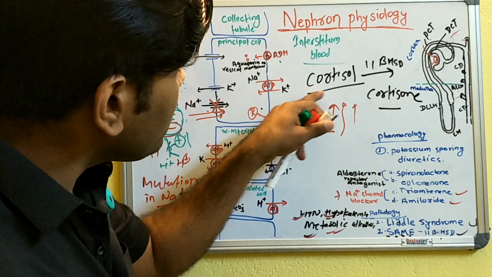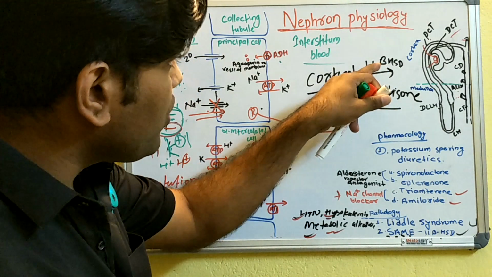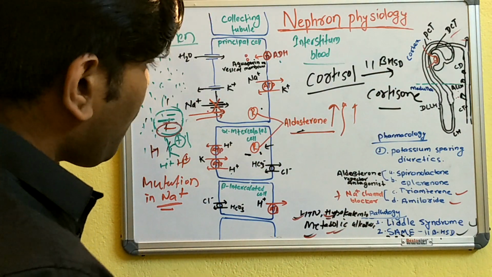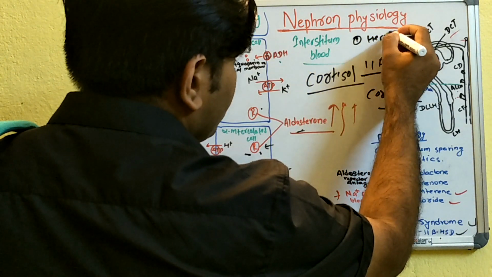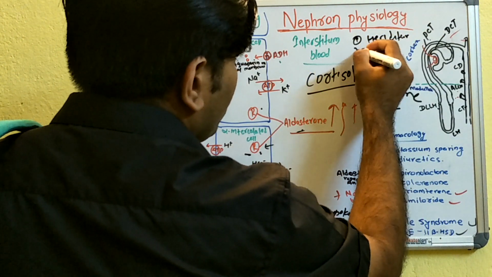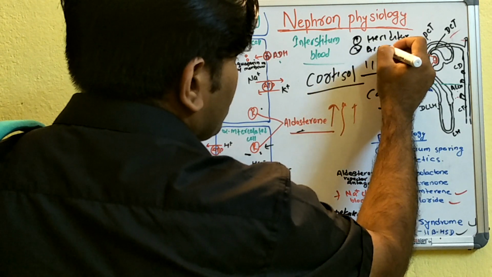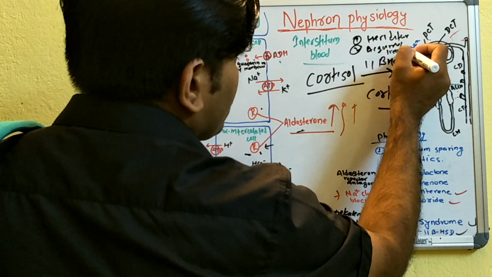Cortisol, due to any cause, like hereditary deficiency of your 11 beta hydroxysteroid dehydrogenase, or, one will be hereditary, another will be acquired, and acquired can be due to licorice.